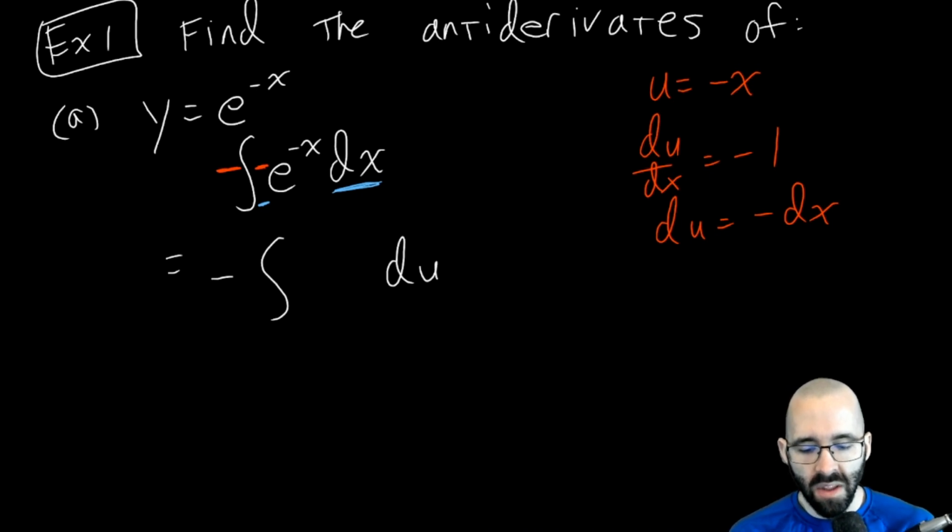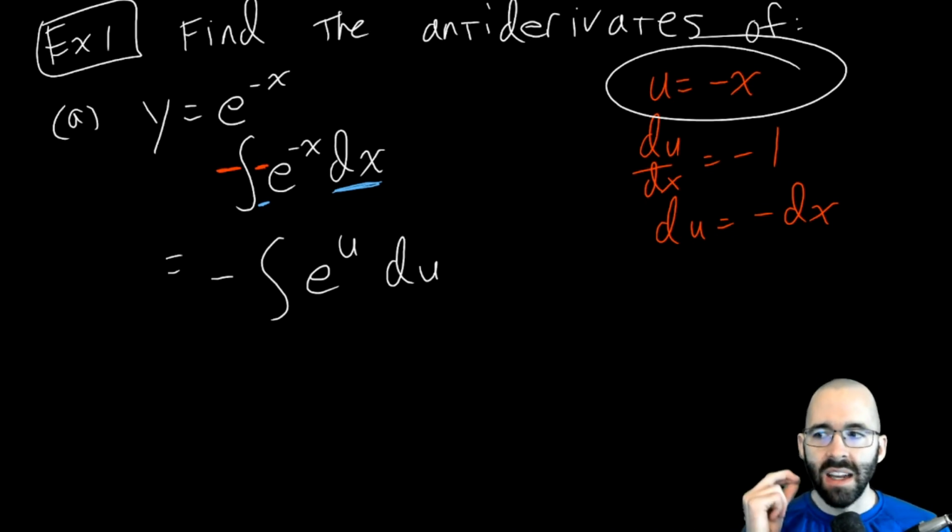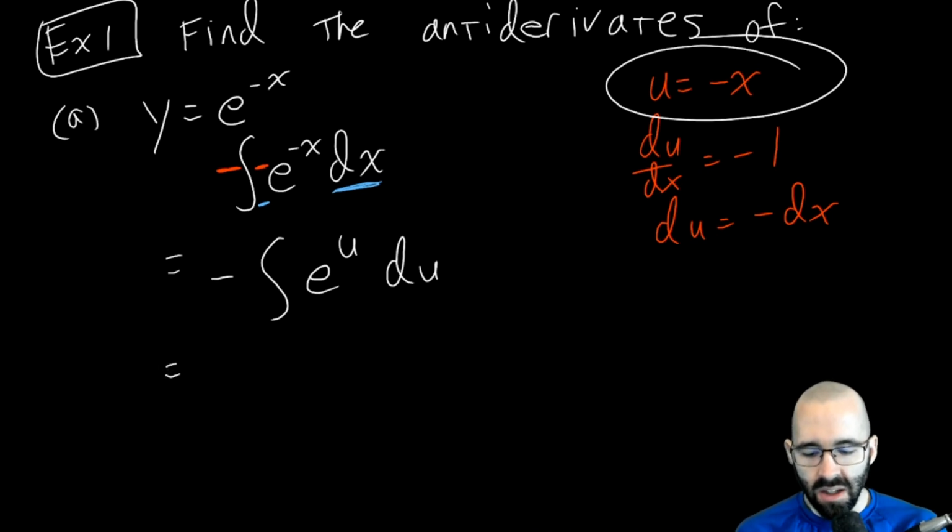And all that we're left with after the blue stuff becomes du is e to the negative x. And we said that negative x is the same exact thing as u. Equals means same exact thing. And now we can use the formula. The antiderivative of an exponential function in this form is just itself plus a constant.